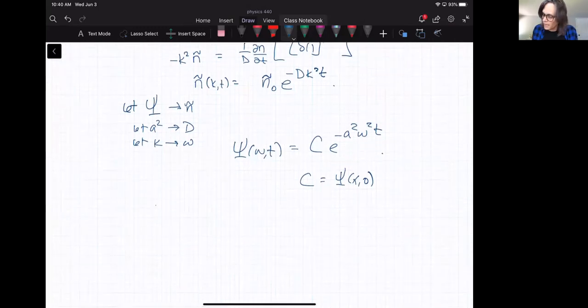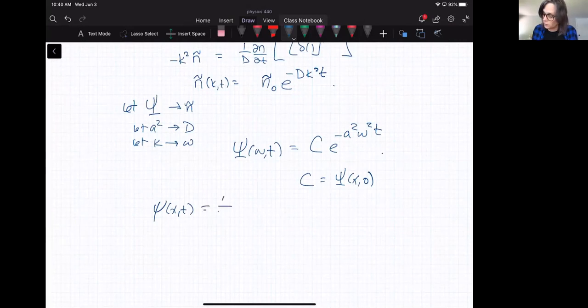And what we're after is our lowercase psi of x,t, or our lowercase n, that is the actual solution to this problem. In order to do that, we need to do the inverse Fourier transform.